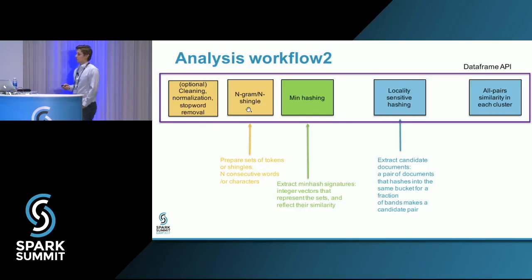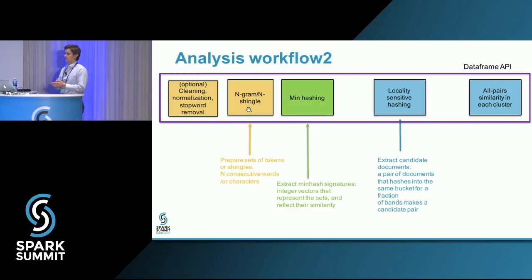The second workflow relies on the min hash and locality sensitive hashing. Parts of the feature extraction steps here are the same. And then here we have to use larger granularity for the n-gram, because we are essentially looking at the sets representing documents, and the frequency here doesn't matter.